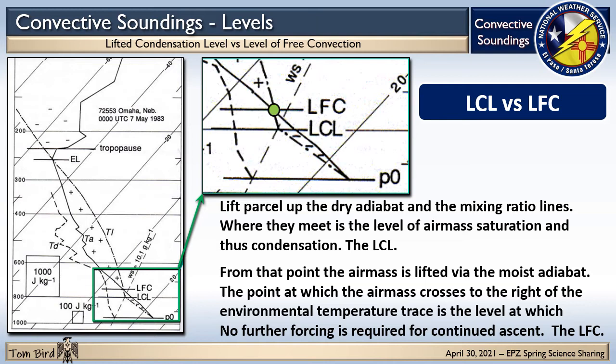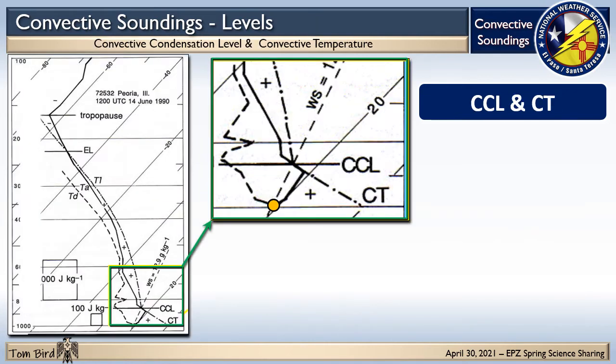At that point, the parcel is at the same temperature and will continue to warm above the environmental temperature as it lifts further. So that's your level of free convection. You get a parcel up to there, and it's going to continue to move up until it reaches a warm layer in the environment.